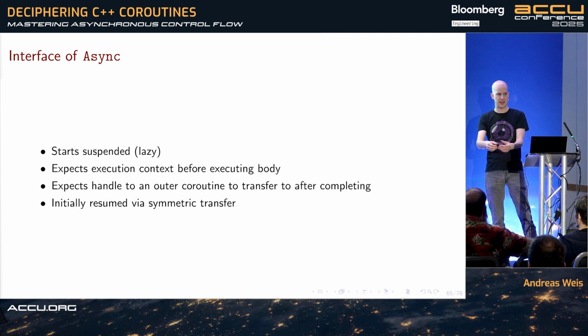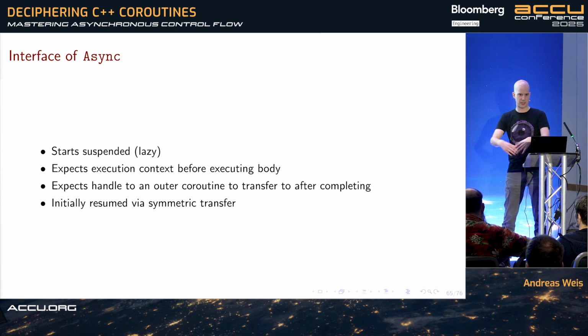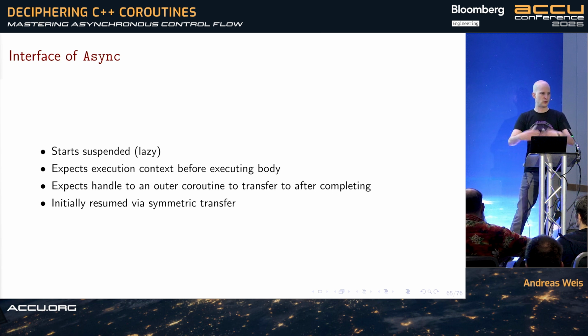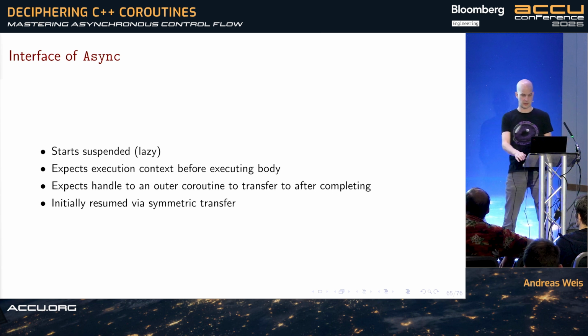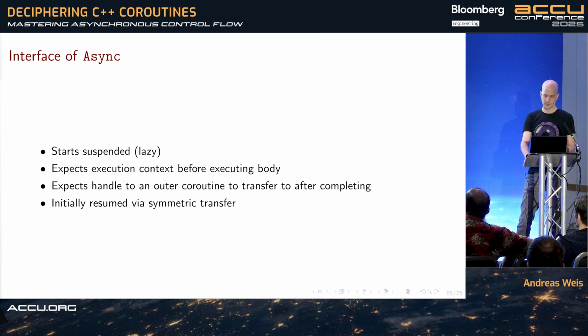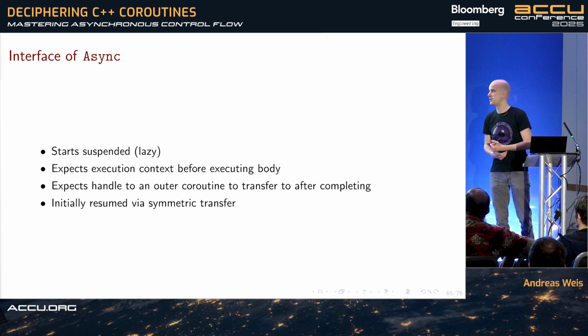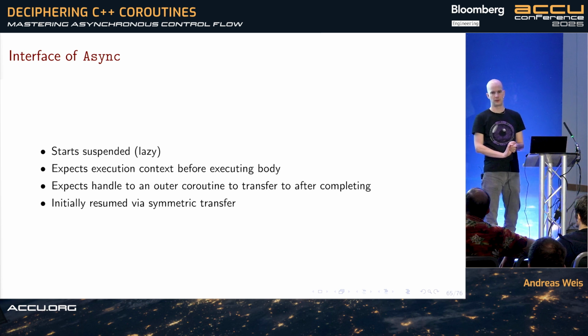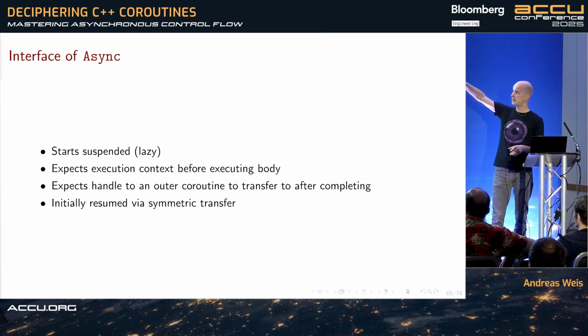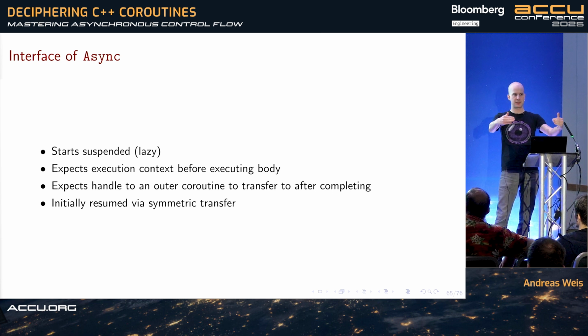If I don't give it that, then yeah, I can resume the coroutine, but once it's finished, it cannot do its final suspend, where it's supposed to transfer control to some calling coroutine. And it wants to be initially resumed via symmetric transfer, right? That's its interface. That's how it acts when it's part of the chain.